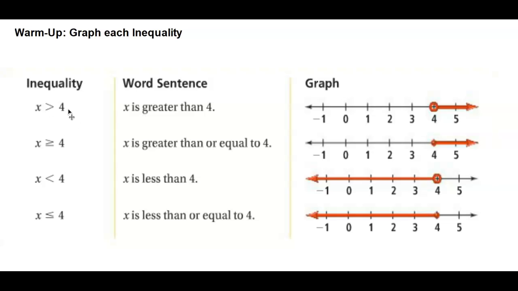So x greater than 4 is an inequality. The symbol of inequality is this symbol right here. And then this is how we graph it. So the idea of the warm-up is getting an understanding of where is it open, where is it closed.